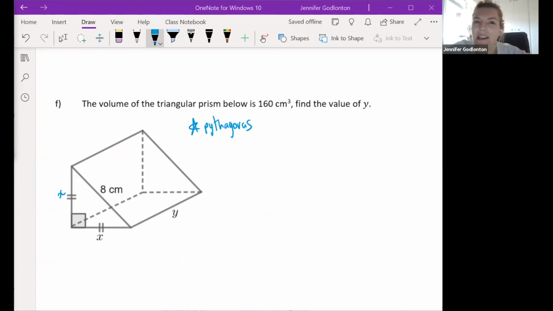This would be right at the end of your exam. It's not expected for you to just know what to do. If you do it, I'm really proud of you. Well done for problem solving and figuring it out. But if you don't get it, I don't want you to panic. I just wanted to stretch those of you who are understanding this section quite well. It's actually going to be a whole number.